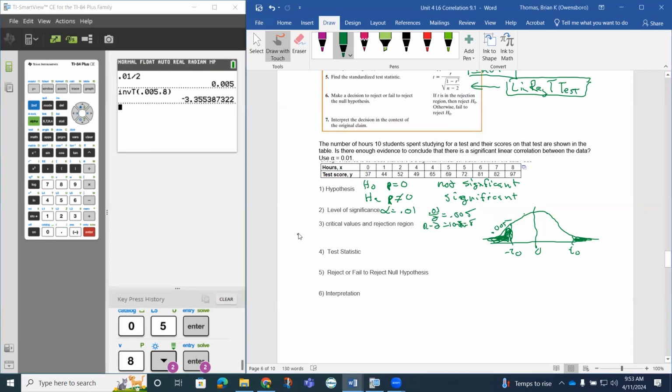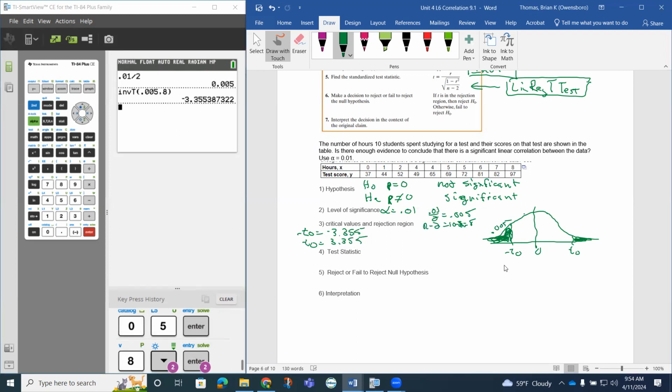The critical values then are going to be, negative t sub 0 is going to be negative 3.355. But because of symmetry, we also know t sub 0 without doing any calculations, it's just dropping the negative, 3.355.